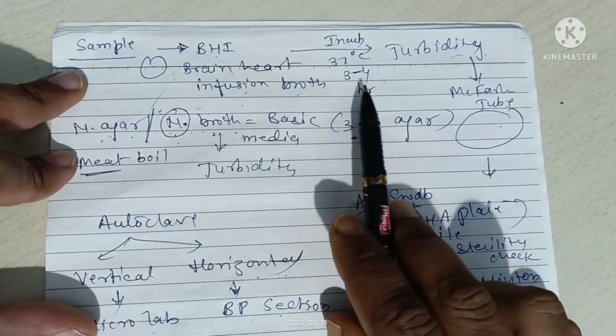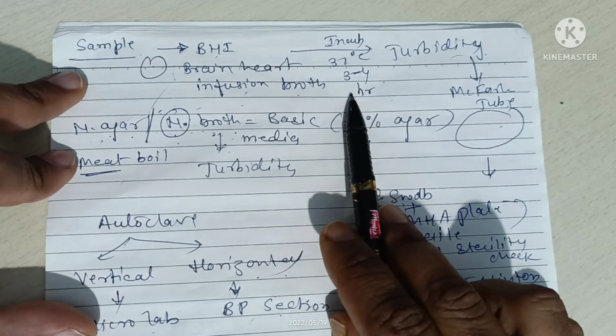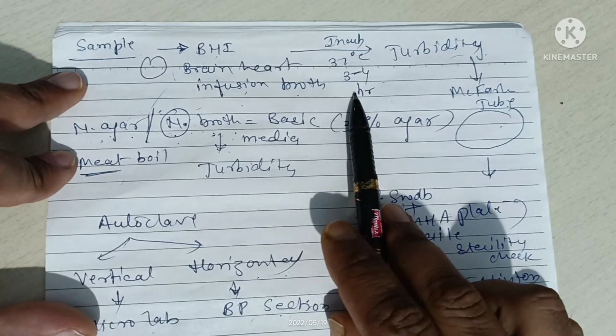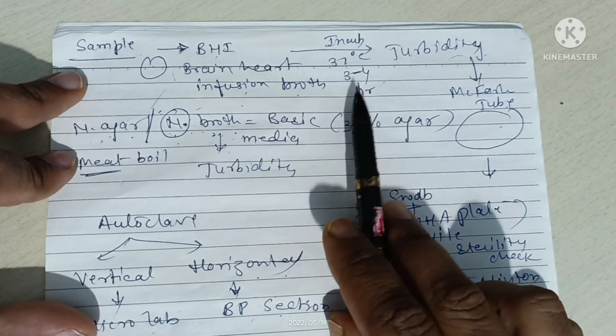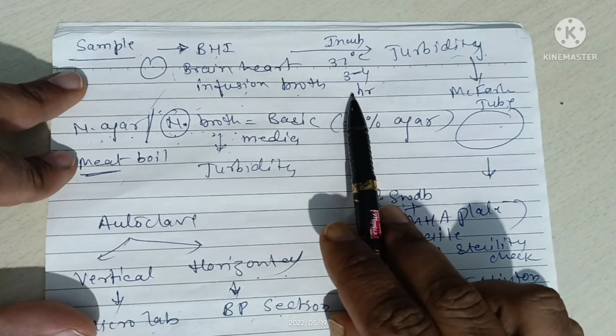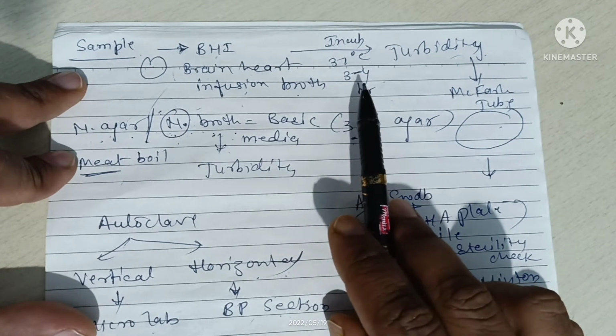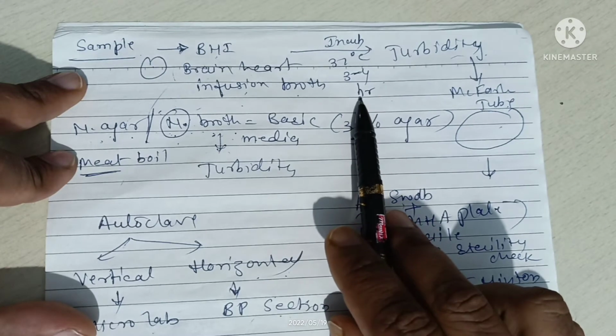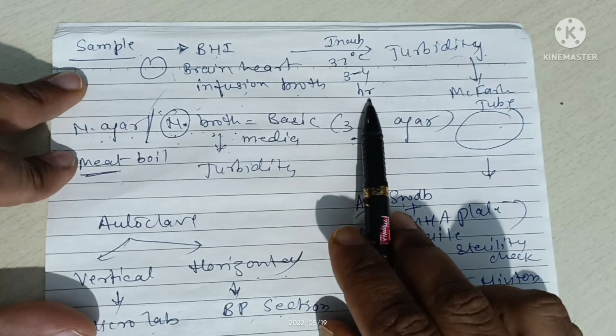Because the bacteria achieve the log phase during this time, and bacterial growth and division are very high. So the log phase of the bacteria is required for our ABST test.